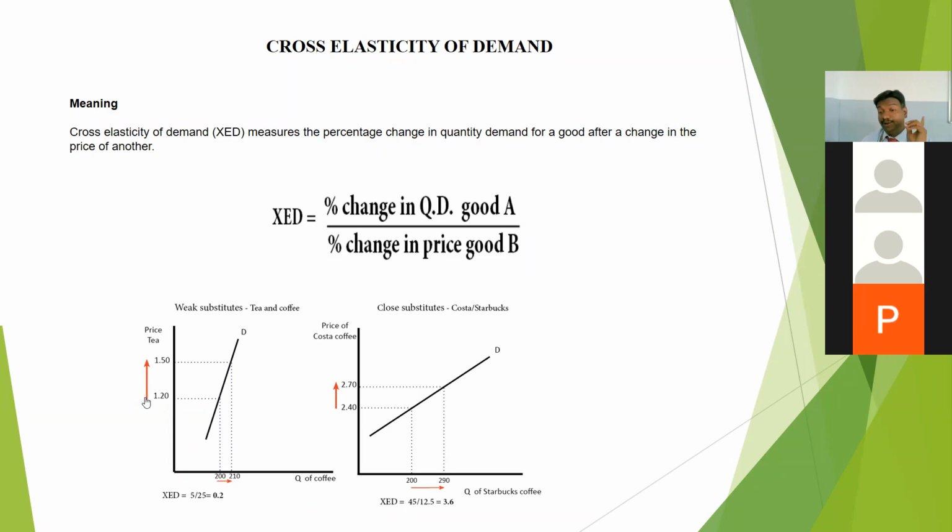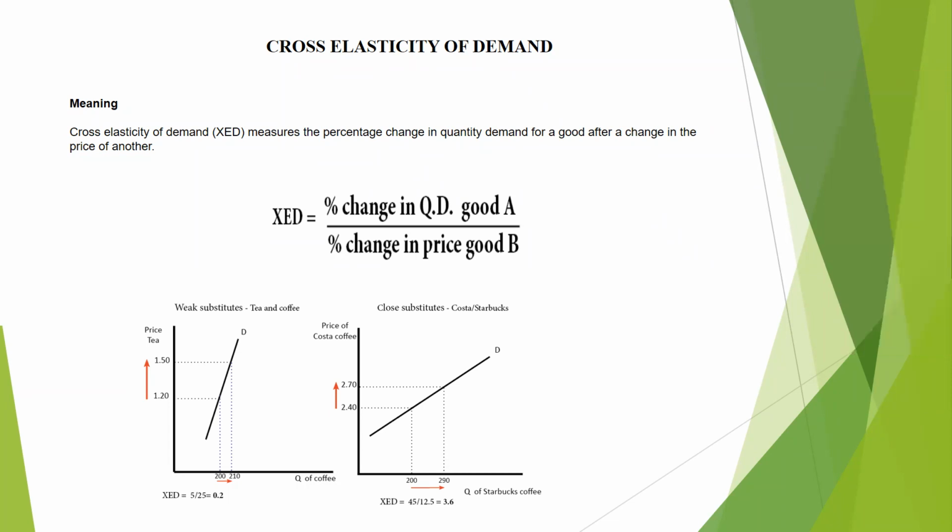That is why I told it is not an exception to the law of demand, but we are not measuring the same commodity's price and the same commodity's quantity demanded. Here we are measuring one commodity's price and the substitutable commodity's quantity demanded. That is why, if you see here, the demand curve slopes upwards. Have you seen?